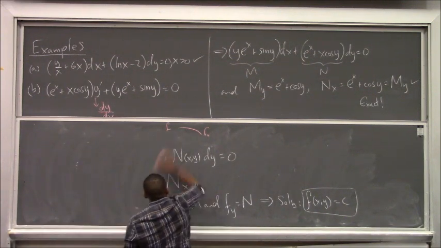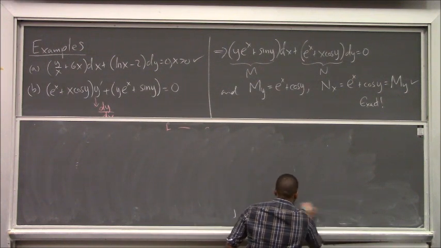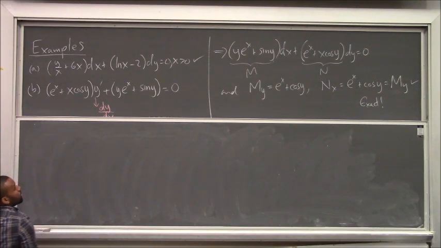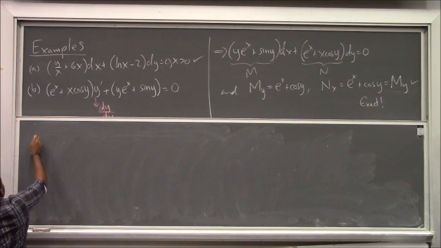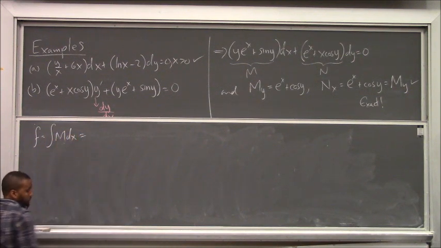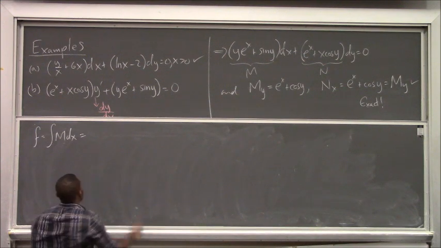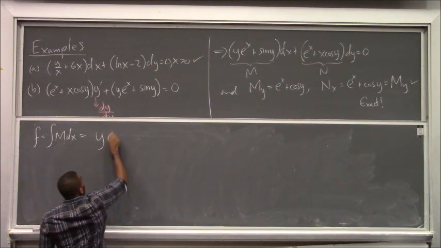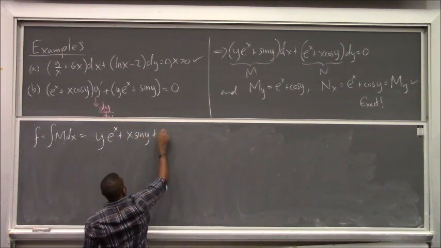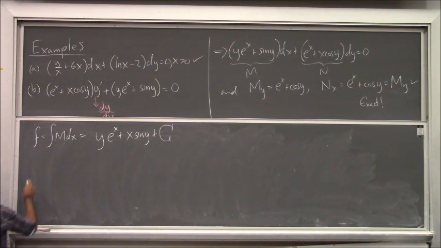So that means our solution f is going to be the integral of M with respect to x, which is equal to y e to the x plus sine y plus some constant which could potentially be a function of y, but we don't care at this point.